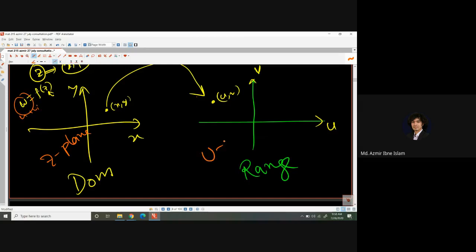So it is known as the w plane. Sorry, I am mistaking again. It is the z plane, it is the w plane. Can you figure it out? Yes, sir. It is the z plane and it is the w plane.